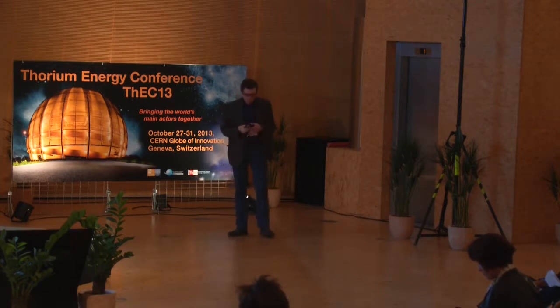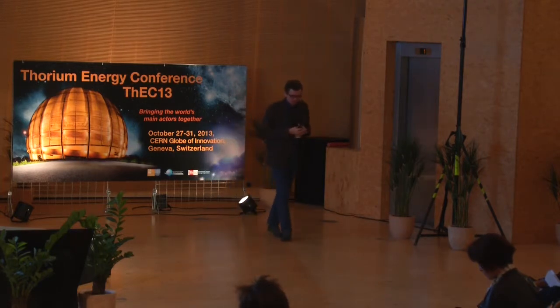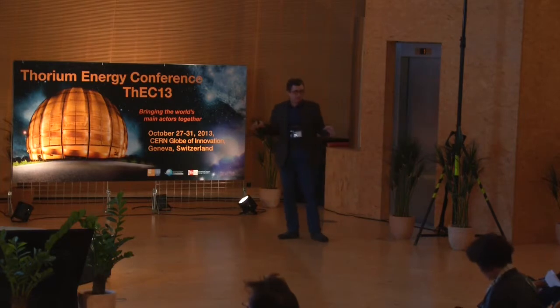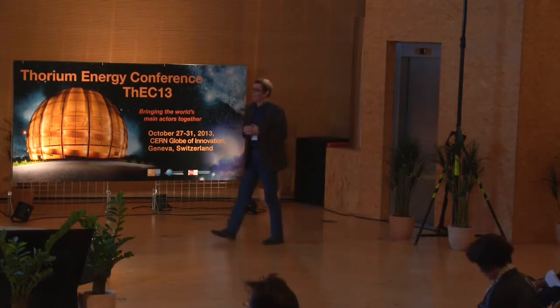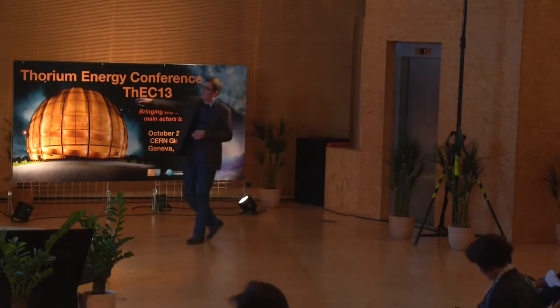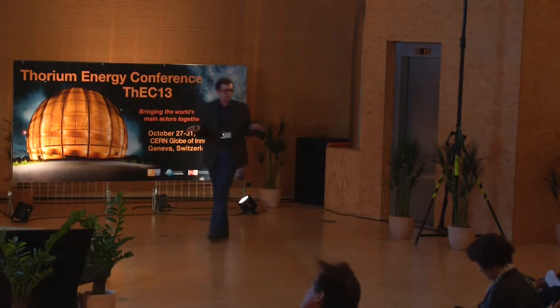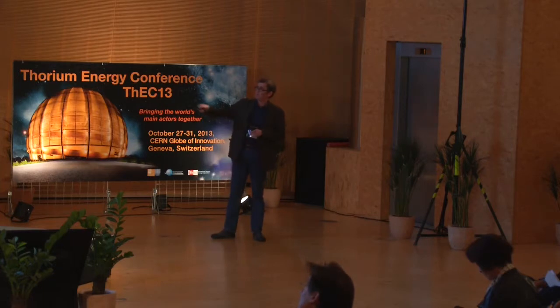And we did a very simple model of this closed equilibrium fuel cycle in order to evaluate the evolution of the feed fuel, which is uranium-238 in this case, in an equilibrium, ideal situation.